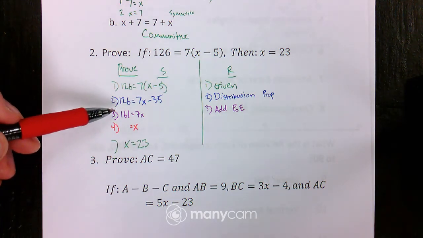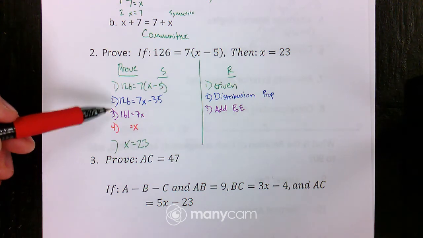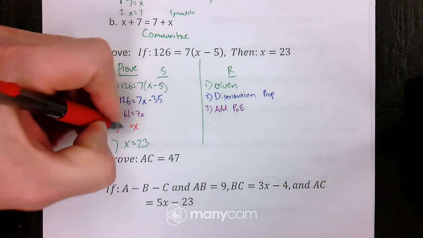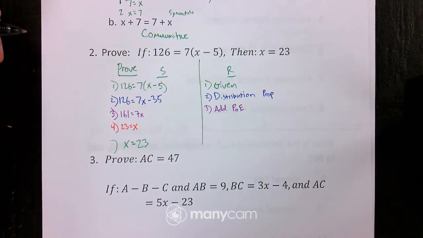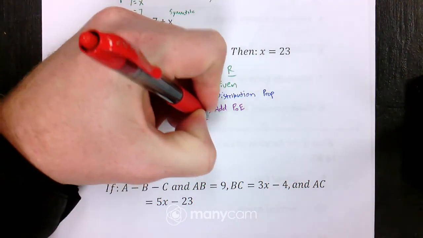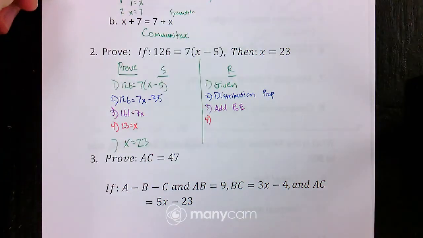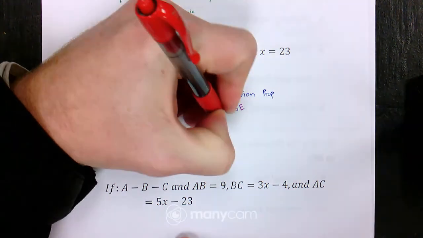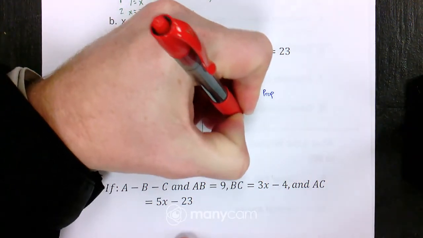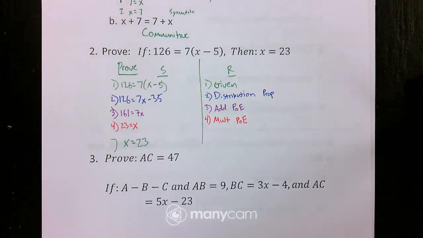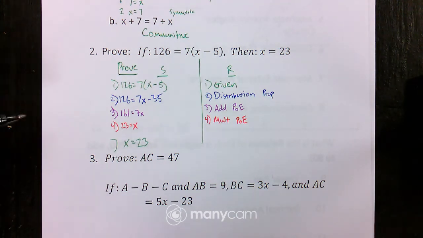What's 161 divided by 7? Is it going evenly? 23. We'll check that out. So step 4 would be multiplication property of equality.